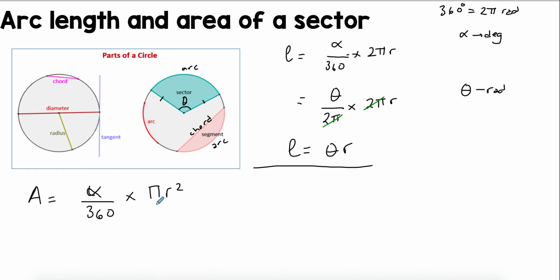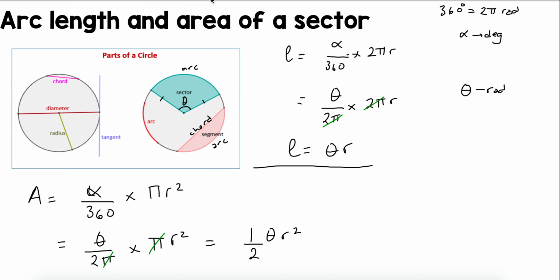We're going to replace the alpha and the 360 with the radian calculation, so we go theta over 2 pi times pi r squared, and again simplify the whole thing. What we are left with is 1 over 2, don't forget the 2 there, theta r squared. So this is the formula for the area of a sector.